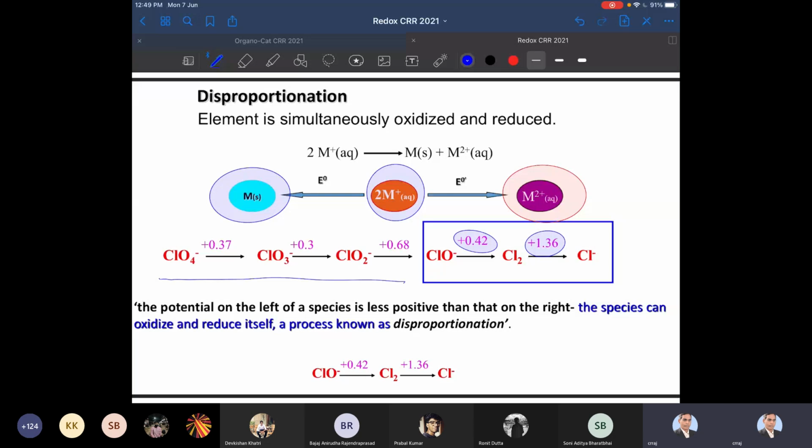Whenever the reduction potential of the left hand side couple is less than the reduction potential of the right hand side couple, then it implies that the middle species, which here is Cl2, will undergo disproportionation reaction. Right, very simple. Just look and then find out that yes, this undergoes a disproportionation reaction.